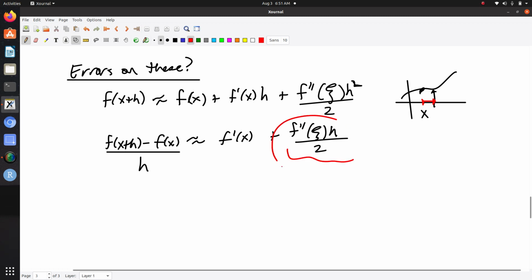Okay, so this is the order of the error, or this is the error term, so it's going to be order of h. On the order of h is where the error is.